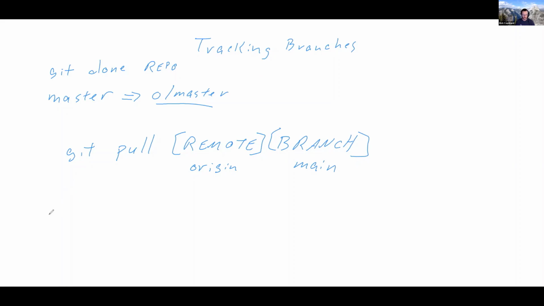Let's see how to do this. I think mine automatically sets this up. But normally if I do a checkout, something like RC123, if there is an origin RC123, it automatically sets up tracking on that.